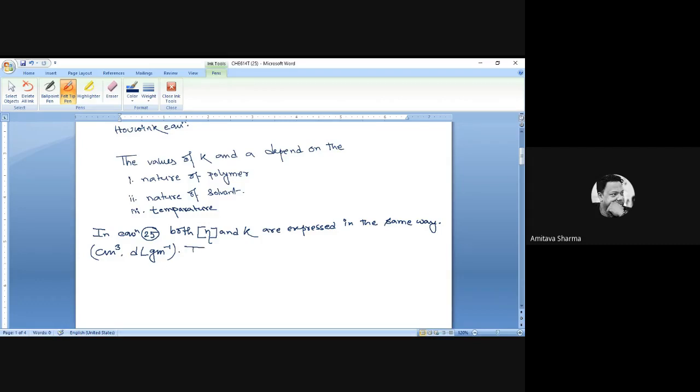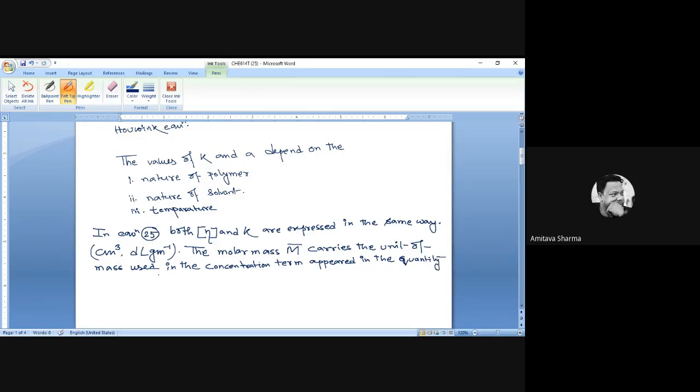Actually, I want to say that the molar mass M carries the unit of mass used in the concentration term appeared in the quantity intrinsic viscosity.